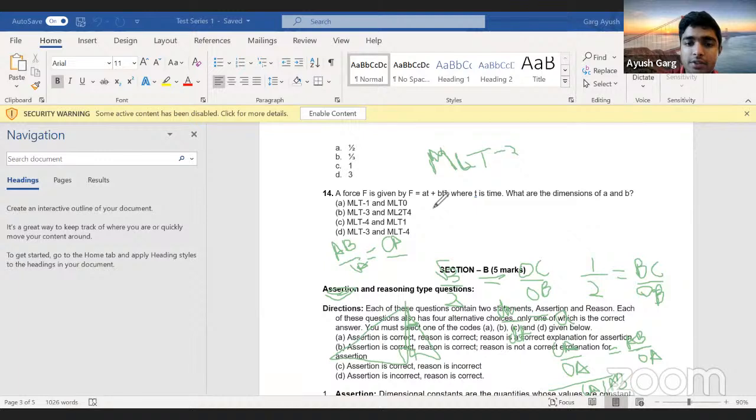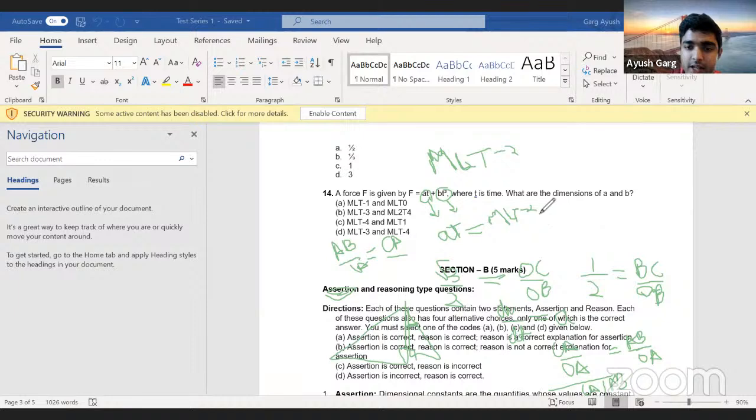Now, when you have the sum of these two terms, each individual term also has to have a dimension of MLT minus 2. Only then can your force have a dimension of MLT minus 2. So if A into T has dimension MLT minus 2, what is the dimension of A?